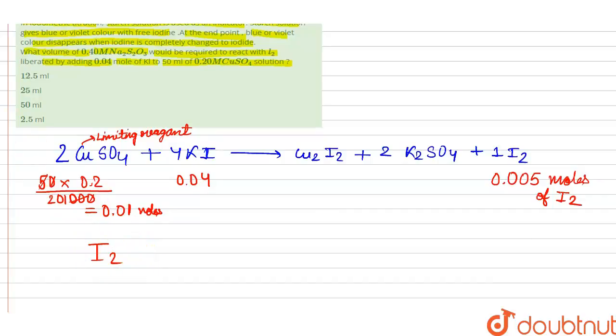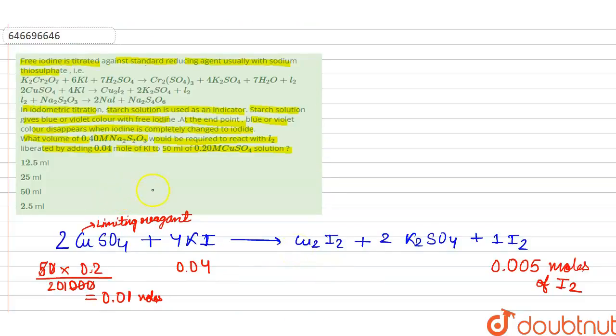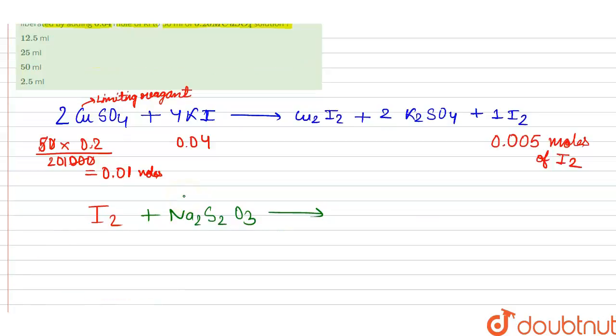plus Na2S2O3 gives 2 NaI plus Na2S4O6. So as we see, 1 mole of iodine is required for 1 mole of sodium thiosulphate.